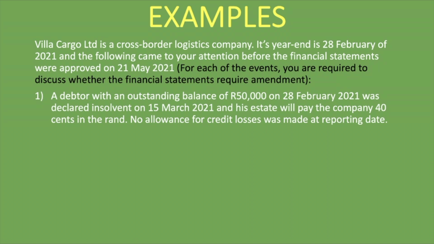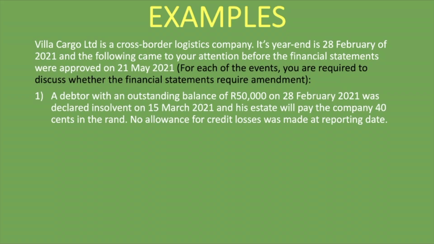So obviously that happened within those two dates, and his estate will pay the company 40 cents in the rand. Again, we are not given further information to indicate that the event occurred after the reporting period, so we will assume that this gives evidence of a condition that existed before the end of the financial period. Like I mentioned when I was explaining, nothing happens in a day, especially insolvency. It doesn't just happen in one day.